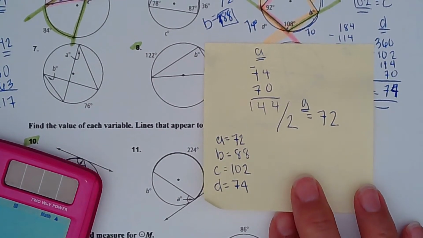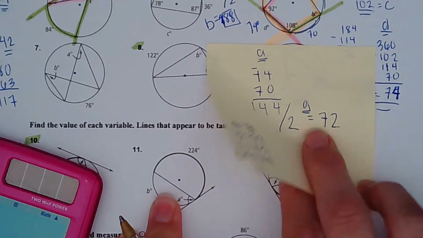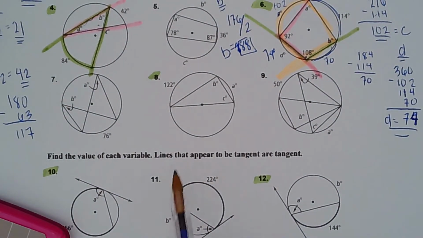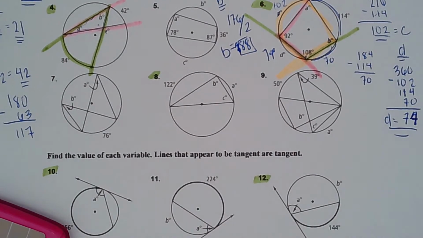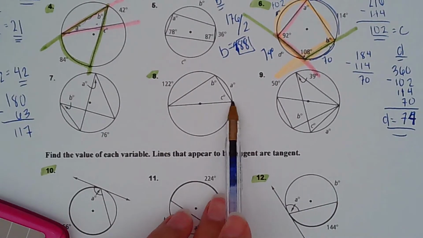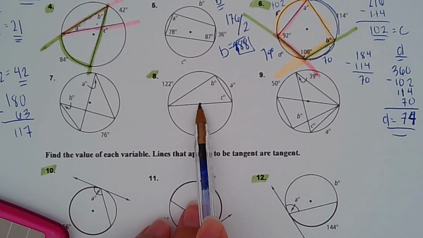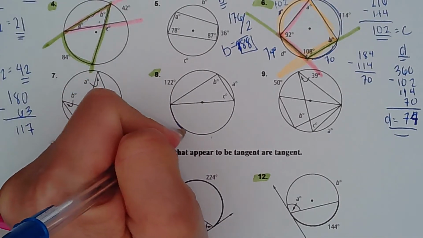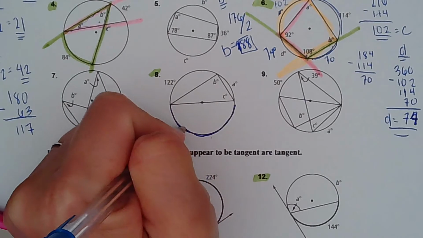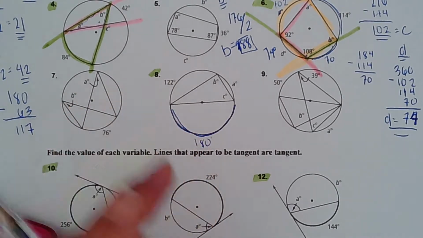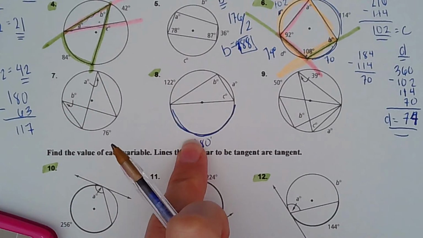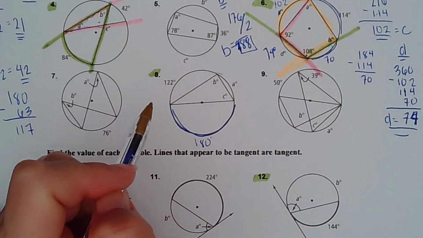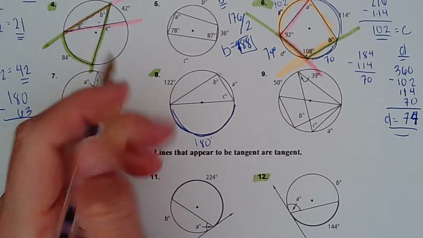All right, let's move on to number 8. Okay, so the good thing here is that this cuts through the middle of the circle right here, right? The center of the circle. And we know that half of a circle is equal to 180. So I know that this whole piece is equal to 180. So what I'm going to do is add these two together and subtract from 360 to get A. Okay, make sense?